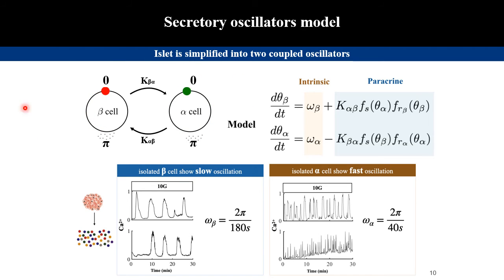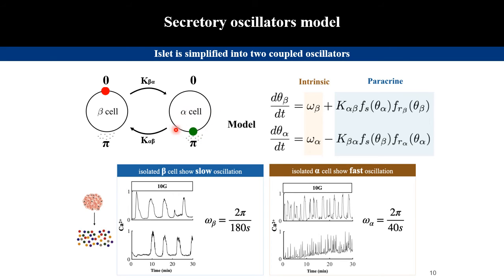Here we simplify the islet into two coupled secretory oscillators, described by the variable theta, which is mainly driven by two forces, the intrinsic force and the paracrine force. The intrinsic force describes the oscillation frequency of the isolated single cells. For beta cells, it's about 3 minutes, and for alpha cells, it's about 40 seconds.